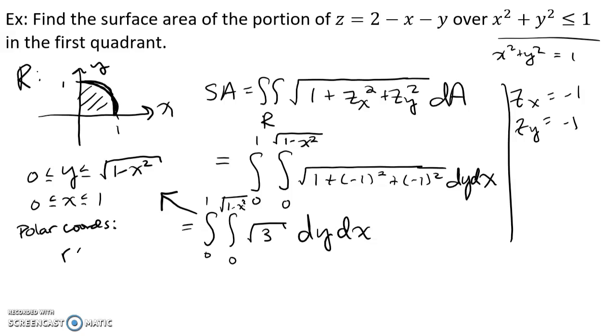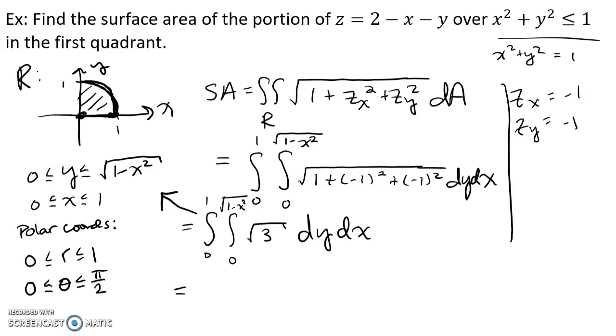So we would have that r is just going to go from 0 over to 1. And then theta just makes a quarter turn, so it goes from 0 to pi over 2, to that 90-degree angle. It's going to be pretty easy to make this change because notice the integrand, the thing on the inside, is just a constant.